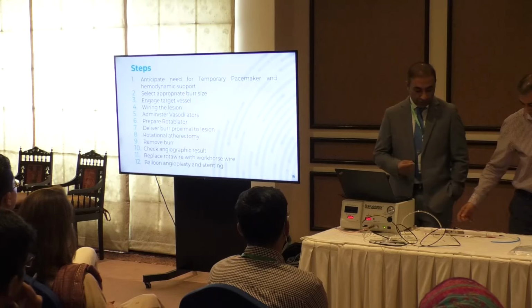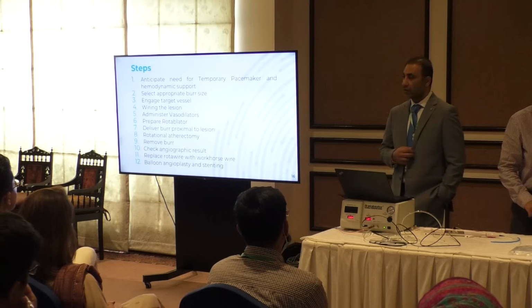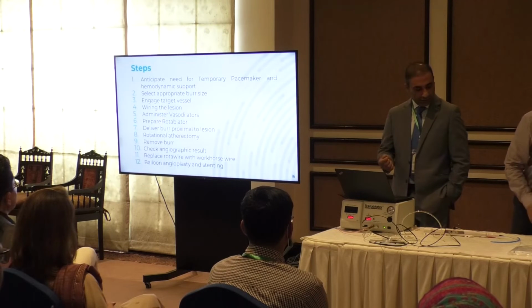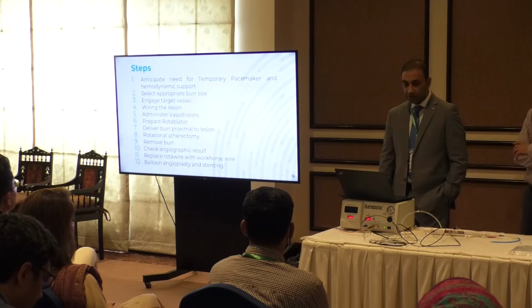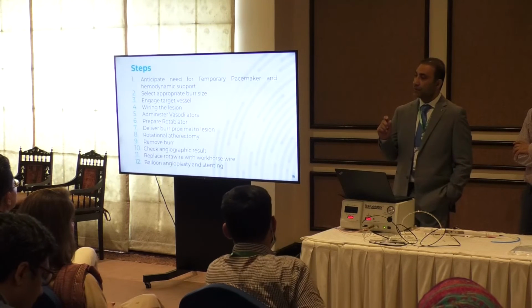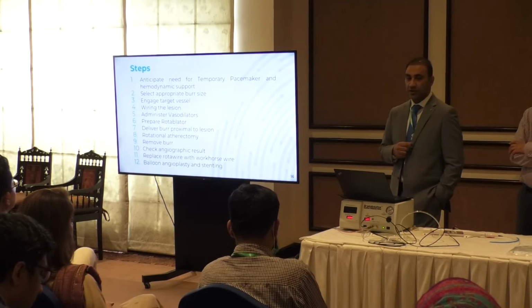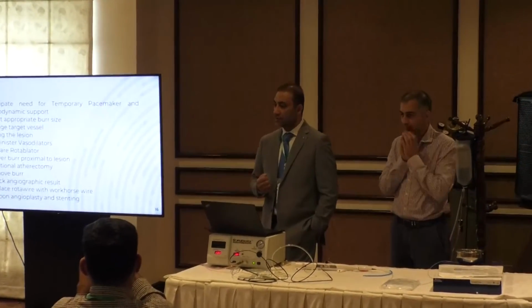If you are not able to cross with the RotaWire floppy, then ideally you should use any normal workhorse wire, and then you can exchange with the RotaWire. As Swafan mentioned, if you're going for rotablation in the left main or any proximal vessel, you should ideally use a high support wire so that you don't disengage your guiding catheter. For other lesions in the middle or distal vessel, you can use a normal wire.